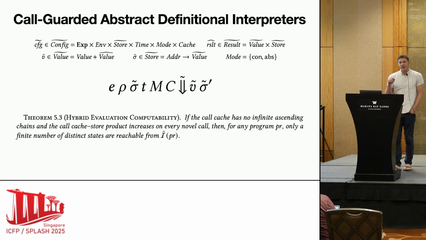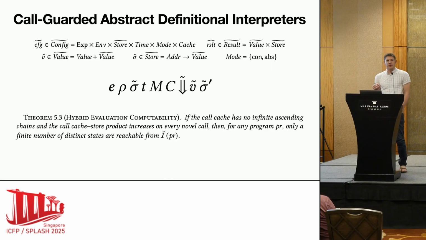So every evaluation of a configuration is done in a particular mode, which is either concrete or abstract. And then the C corresponds to a call cache, which is defined by the call guard, which is a parameter of the analysis. And we offer this theorem that if the call guard satisfies certain properties, which I'll go over momentarily, then the analysis is computable.